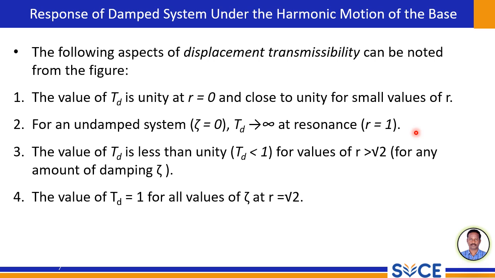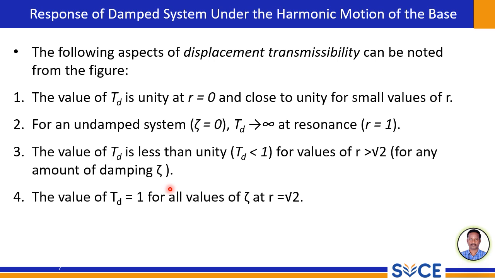The third observation is the value of transmissibility is less than unity for values of r greater than square root of 2 for any amount of damping psi. This is a very useful observation.